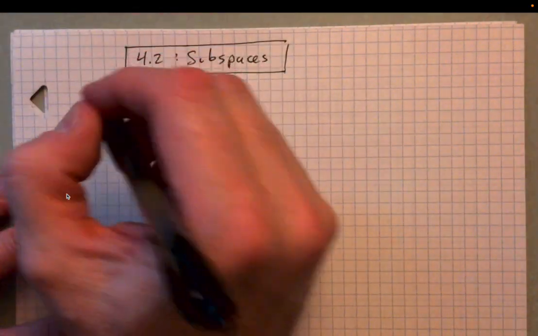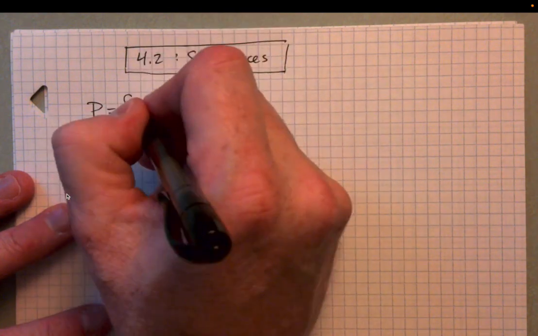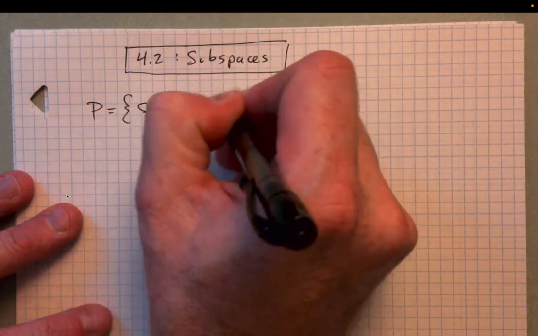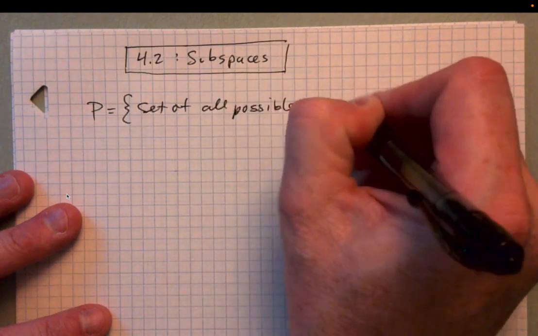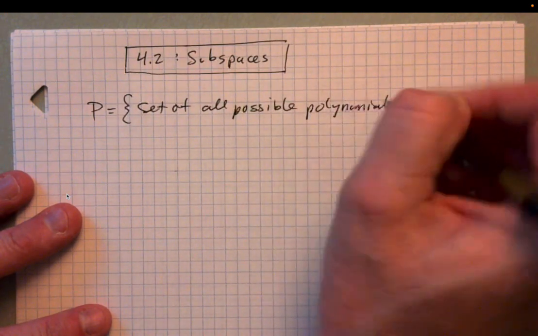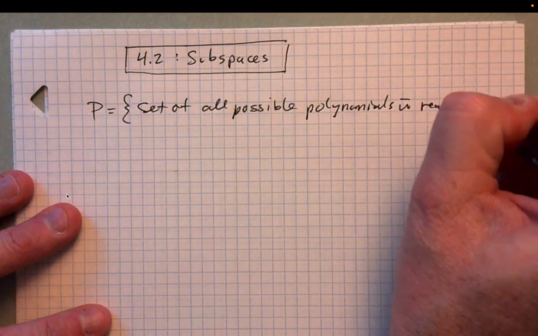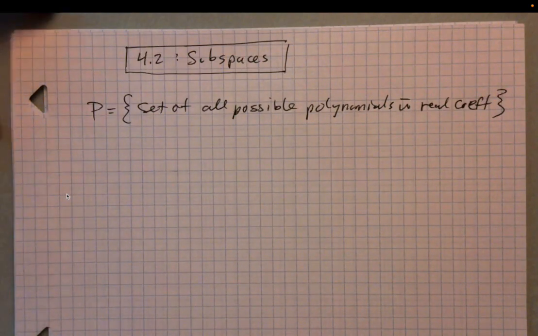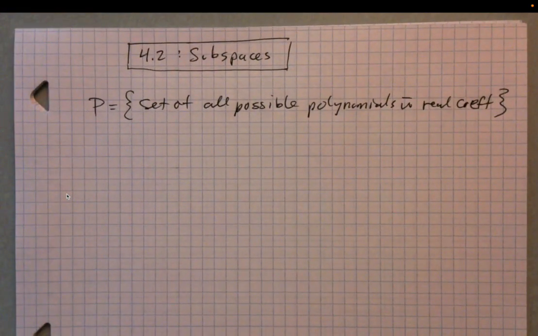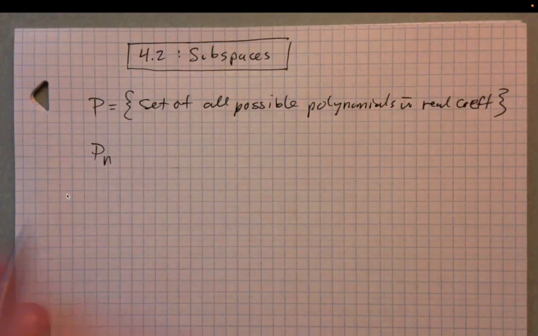In our previous discussion, we talked about this example where we had P as the set of all possible polynomials, and specifically with real coefficients. We talked about this as a vector space. And then we also discussed the vector space P sub n.